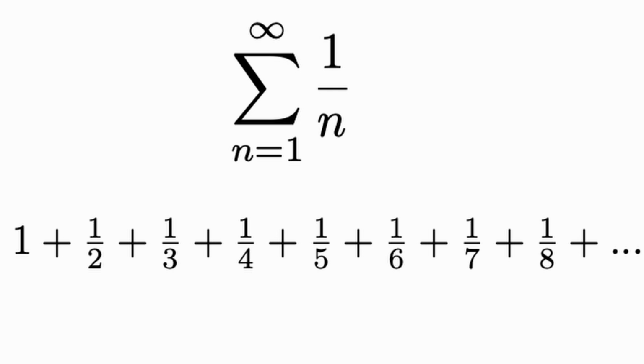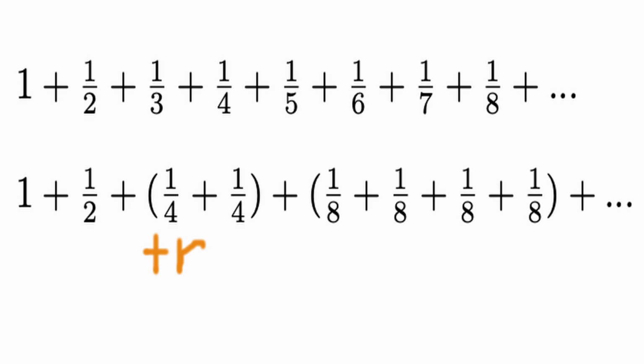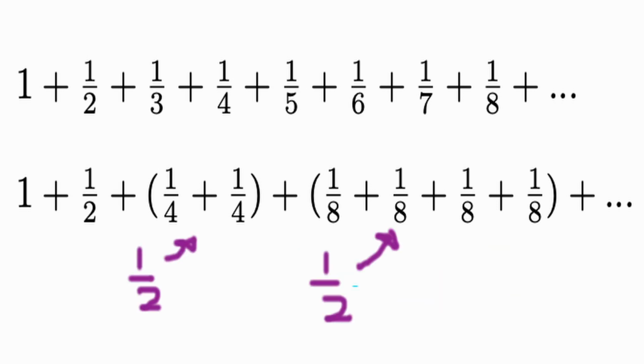items in different ways. The 1 over 3 can be rewritten as 1 over 4 plus some extra remainder, and so too the 1 over 5, 1 over 6, and 1 over 7 can each be rewritten as 1 over 8 plus some remainder. Each of the sections in parentheses is equal to 1/2.